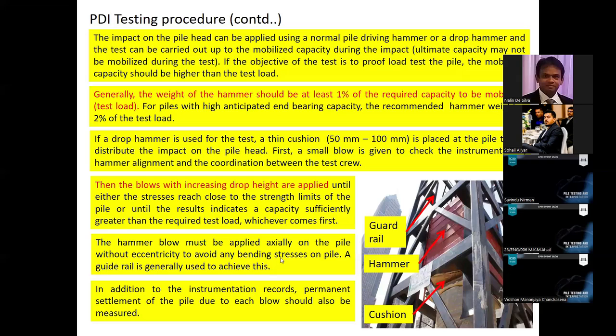The testing procedure is quite simple. First, a small blow is given to check the quality of the instruments, right? A small blow is given and the response is analyzed to see if there are any issues with the sensors. If we do not detect any issues with the sensors, we keep on giving blows by increasing the drop height. For each drop height, you can calculate the mobilized capacity of the pile.